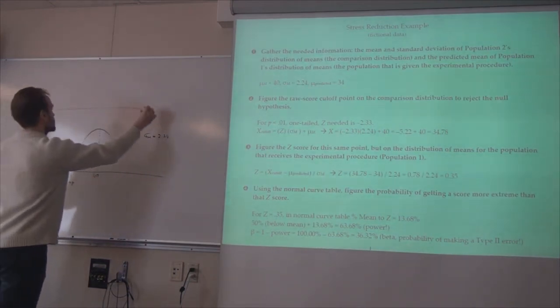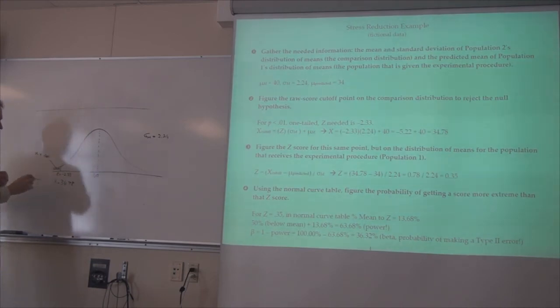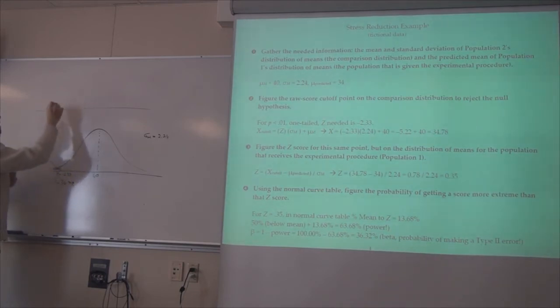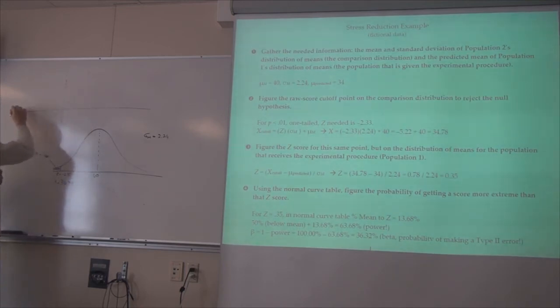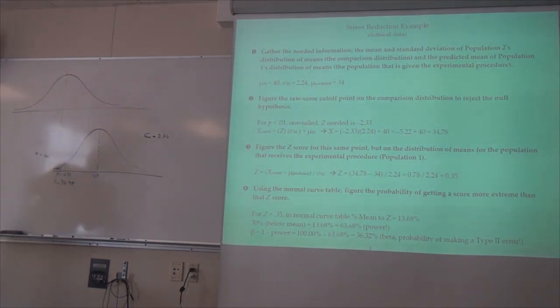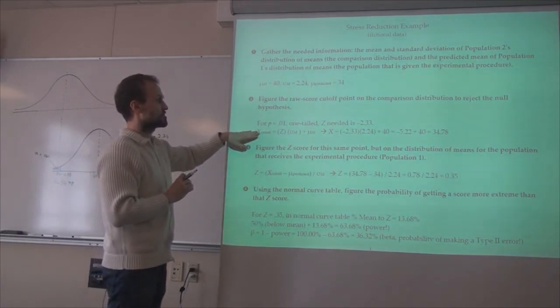Then the distribution is shifted to the left, with a lower mean. 34 is going to sit over here a little bit, close, so I'll have a distribution that's centered like that. I'm looking at a cutoff value of 34.78.